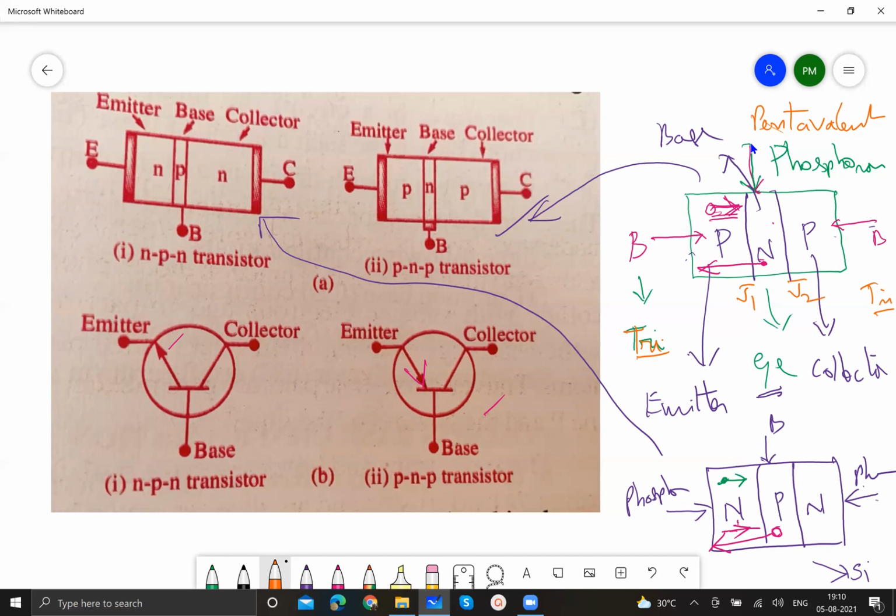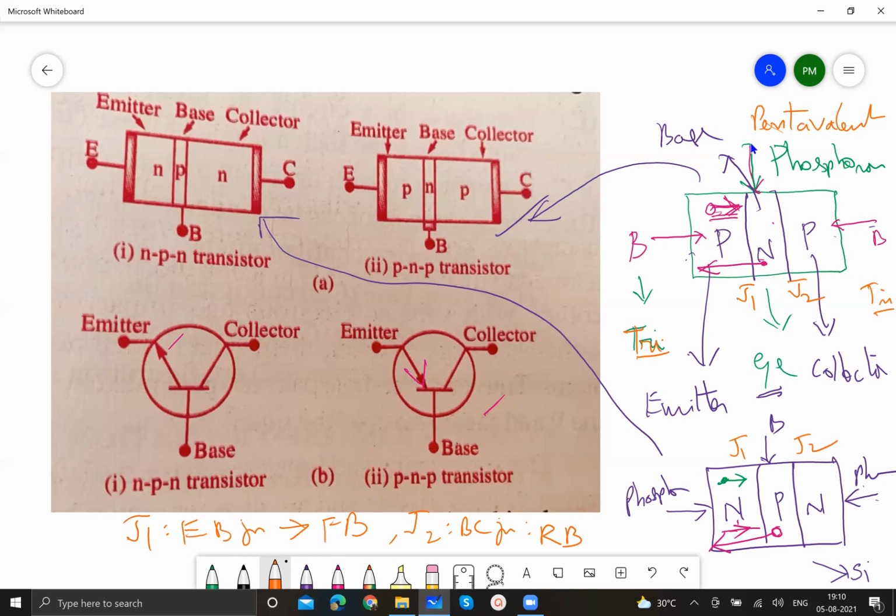So in both the transistors, we'll have these two junctions. And another important point is junction J1, please note down the points. Emitter base junction will be always in forward bias, and the base collector junction should be always in reverse bias.